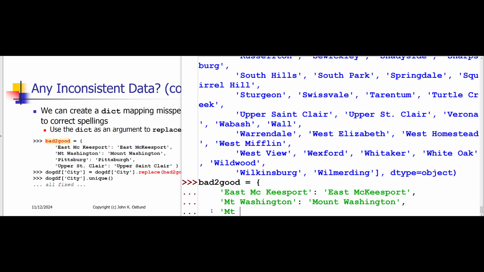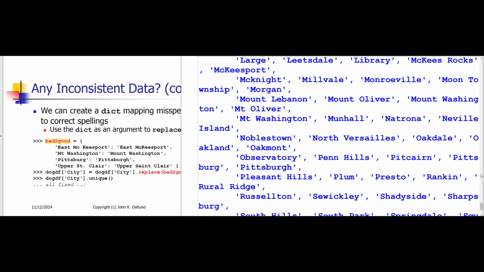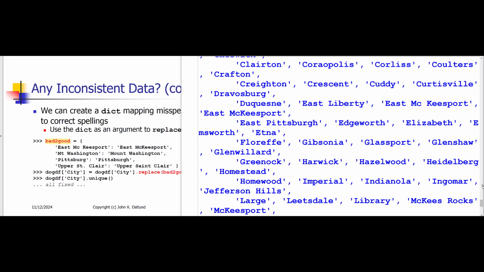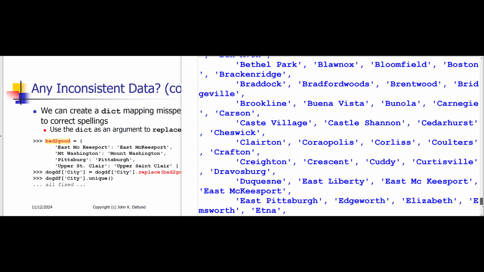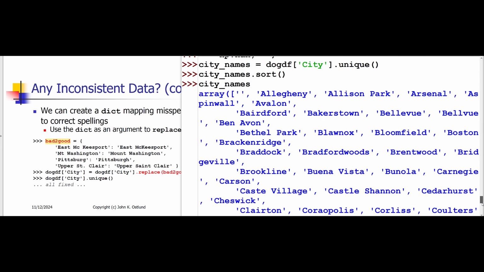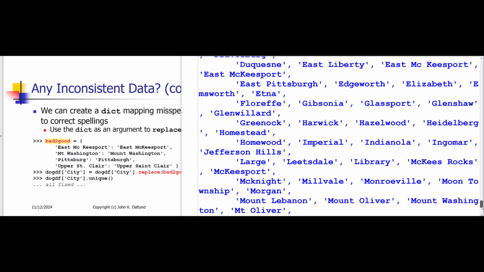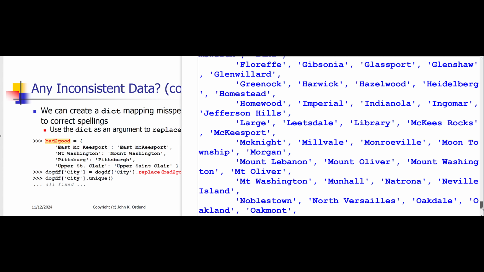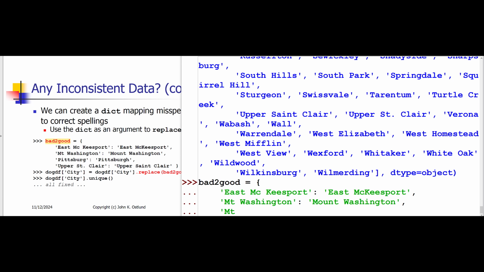Mount. Let me go back up and find that one. Come on now. Where is it? Where is it? Where is it? Mount Oliver. Okay, Mount Oliver. Mount Oliver with the abbreviation should be Mount Oliver spelled out.